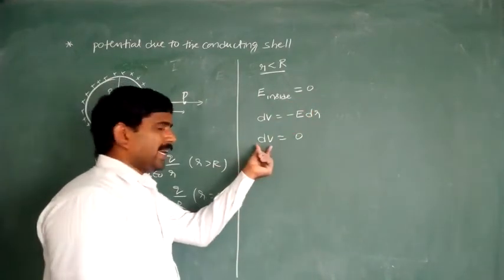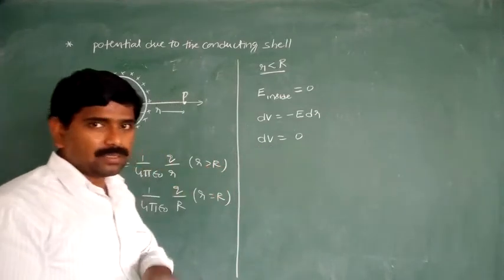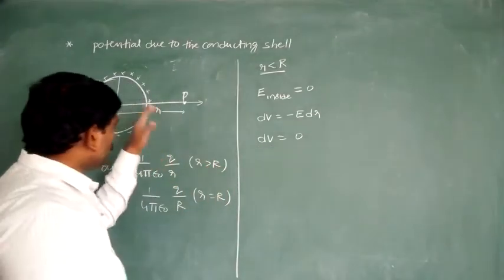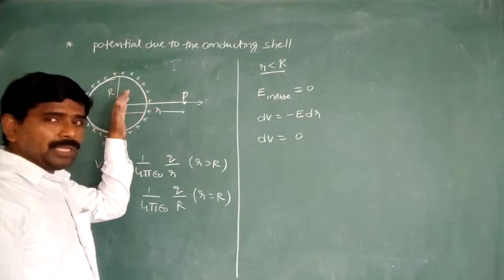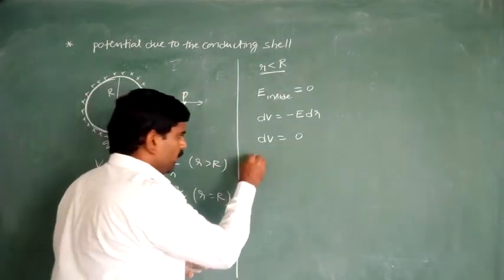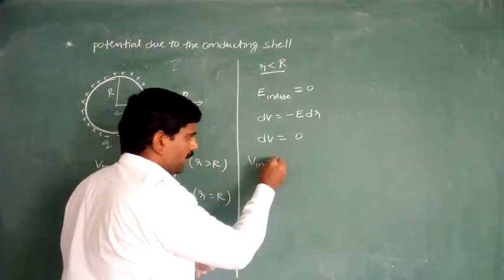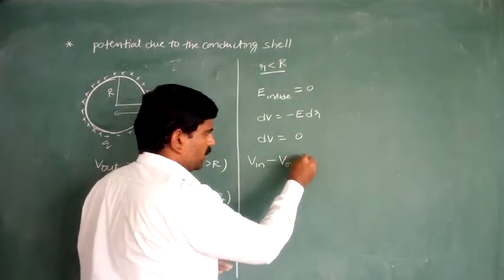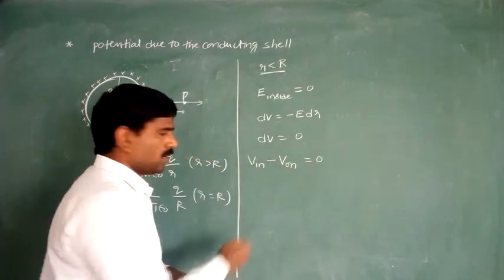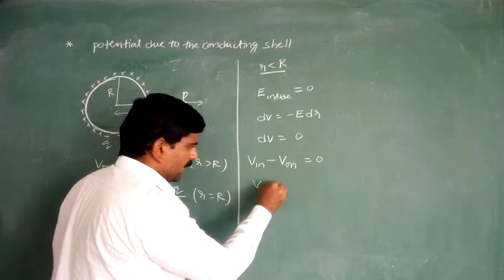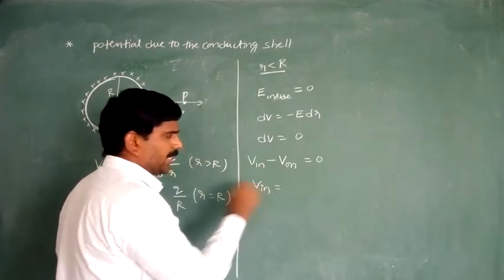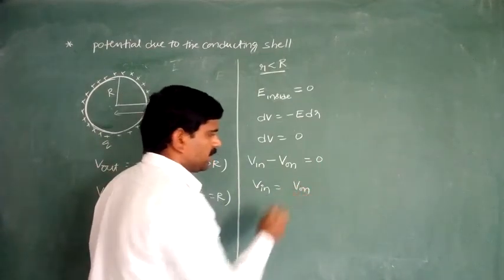So dV means potential difference, at which points? From the surface of the shell to the inside, meaning V inside minus V on surface is equal to 0. V inside is equal to V on surface.